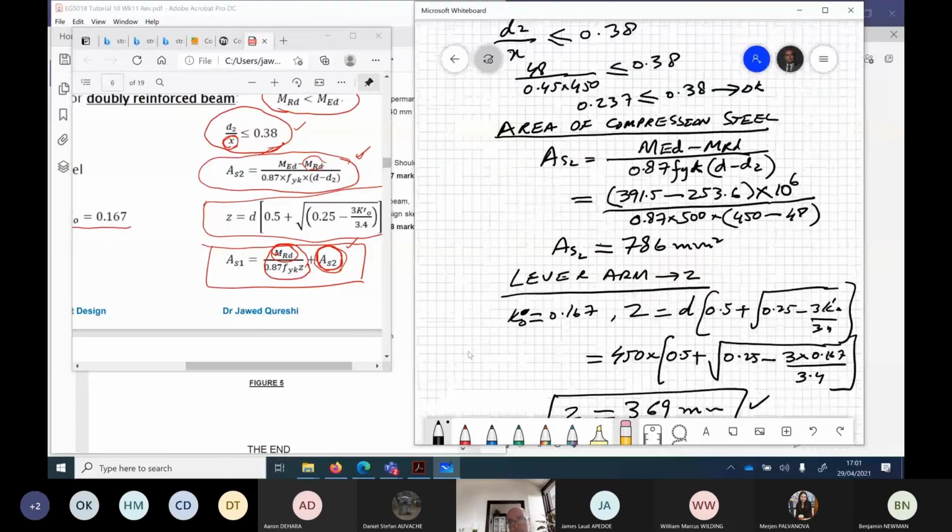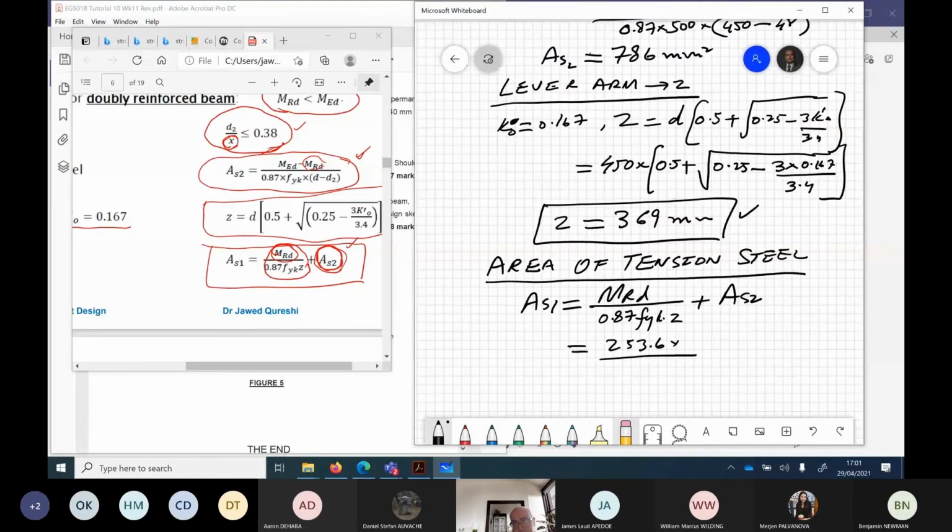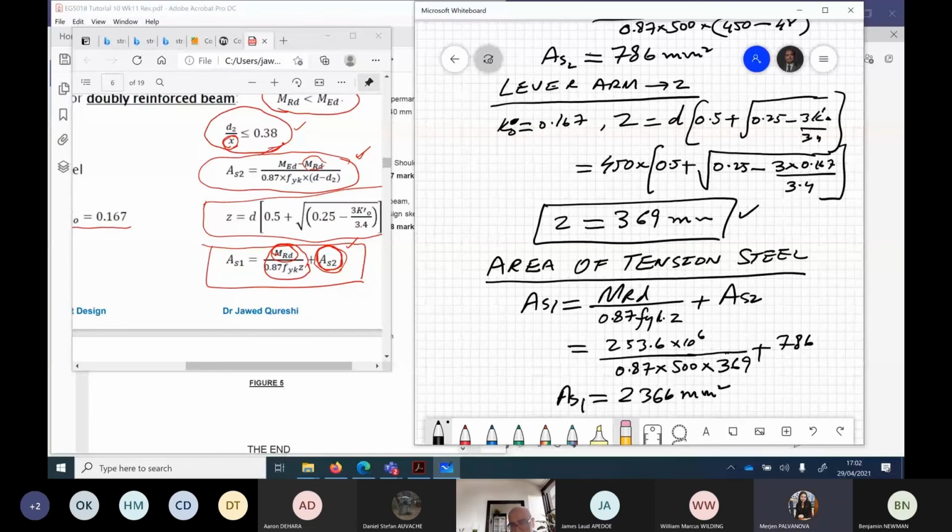MRD was 253.6, and 0.87 times 500 times 369 plus AS2 is 786. I'm getting 2366. Actually, I should have used 25 millimeter bar, so let's see what happens. Margin seems to be correct. So let's see, 2380. Not much of a difference actually.